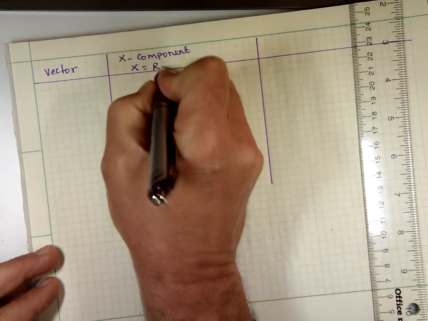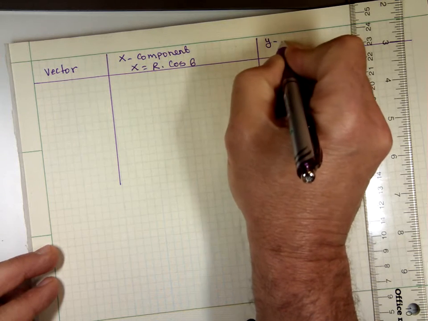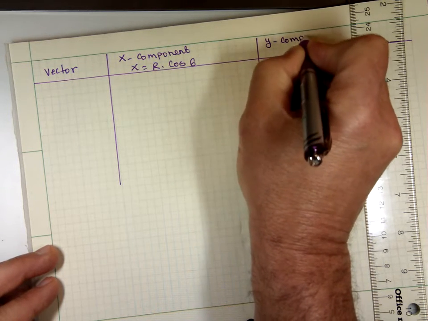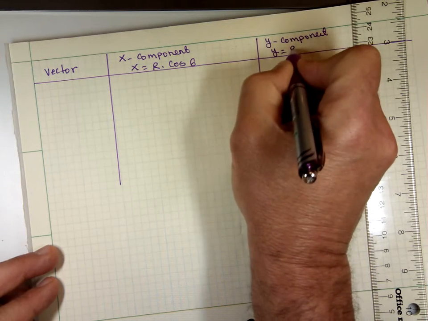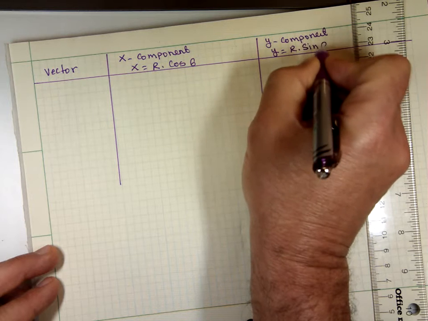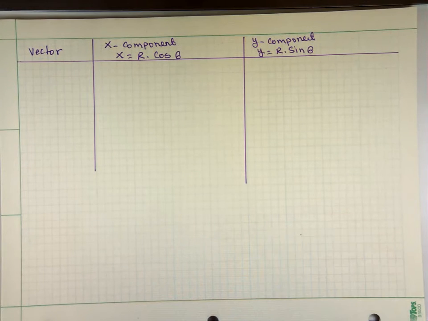R times cosine theta, and the y component, y equals what? R sine theta. This is from part B. If they ask you for the value for B and C, you don't want to do them graphically, because if you're off by a hair, you're going to be wrong. Yeah, because it won't even show part B until part A is right.